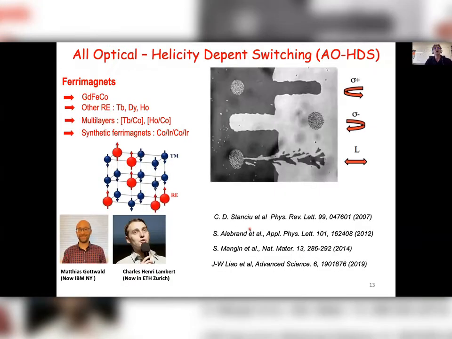At the beginning, it was only observed for some ferrimagnetic materials, but we demonstrated that it could be observed for a huge number of very different materials.